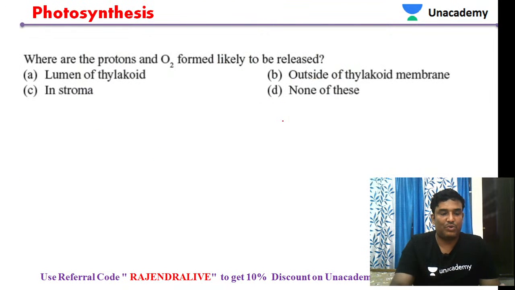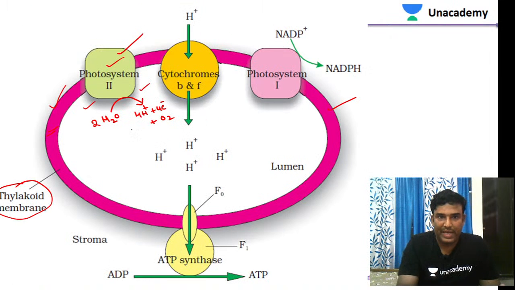Let us move to the next question. Where are the protons and oxygen formed likely to be released? In the diagram, when two molecules of water, 2H2O, are broken down, that is called photolysis of water.